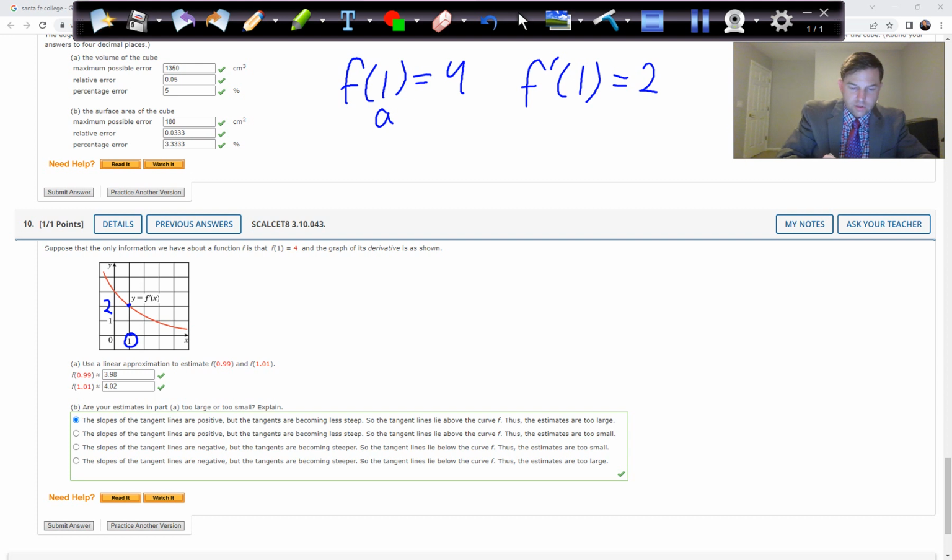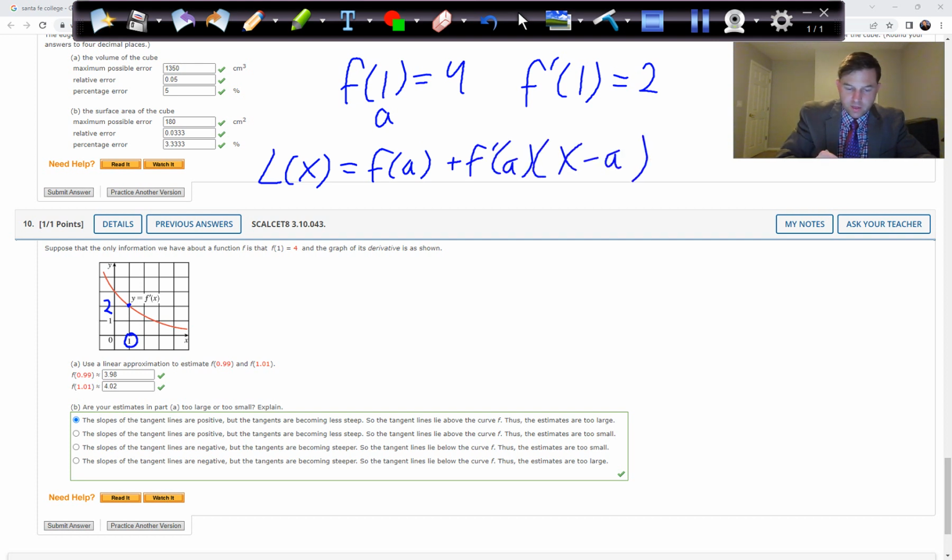Now we know the linearization of any function is f of a plus f prime of a times x minus a. And we know f of a was given to be 4. F prime of a we read off the chart was 2. And they picked a as 1.